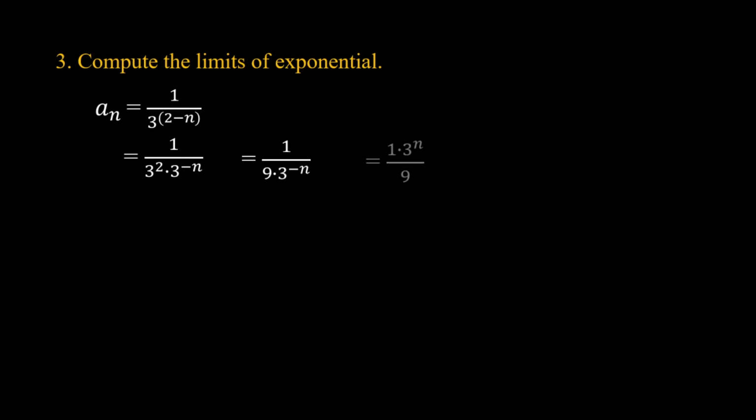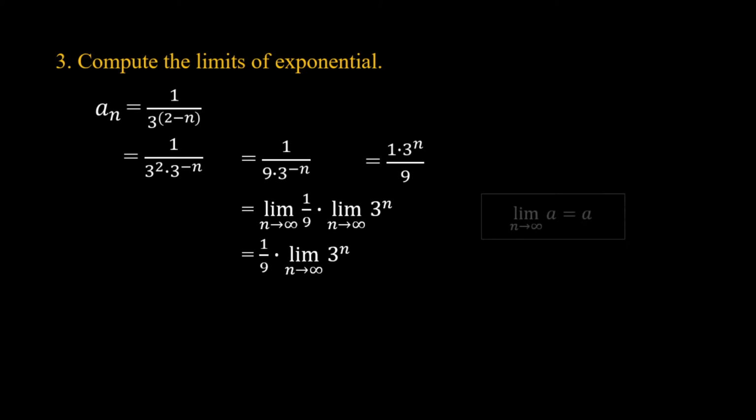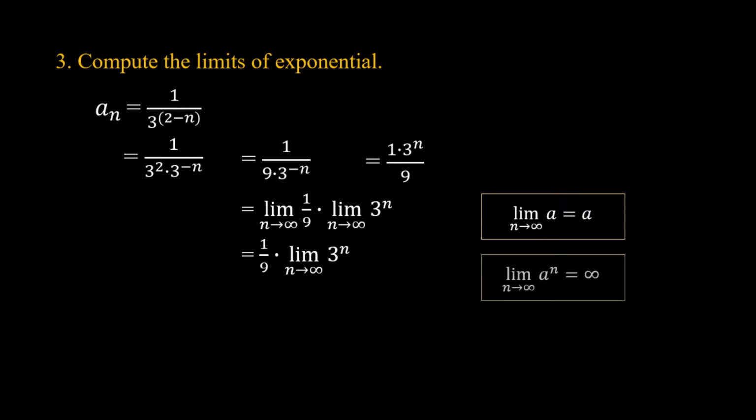If it's a negative exponent at the bottom, you can move it to the top, and the same, if it's a negative at the top, you can move it to the bottom and get the regular one without the negative. So you get 1 times 3 to the n over 9. So put the limit in, and you get the limit of 1 over 9 as n approaches infinity times the limit of 3 to the n as n approaches infinity.